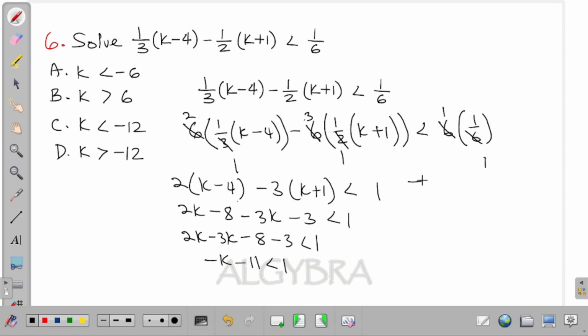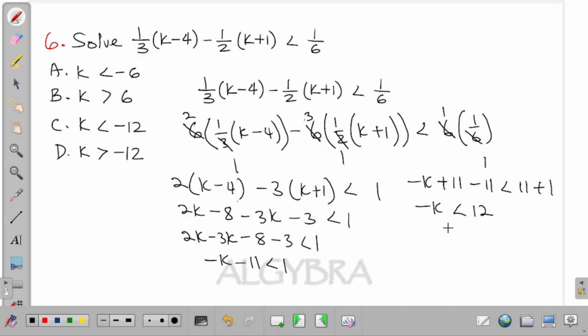So -k + 11 - 11, which is 0, is less than 11 + 1. So we have that -k is less than 12.